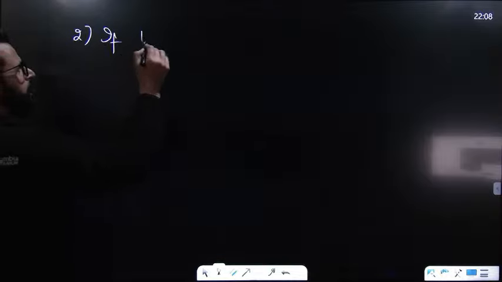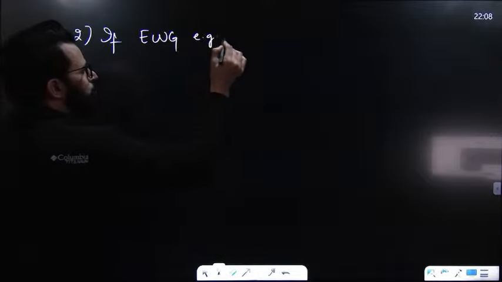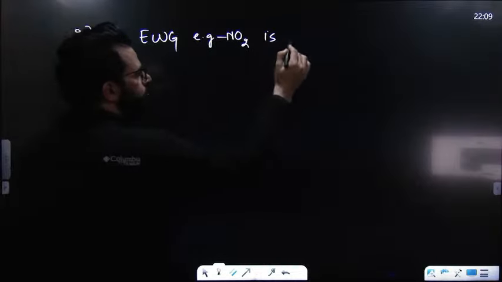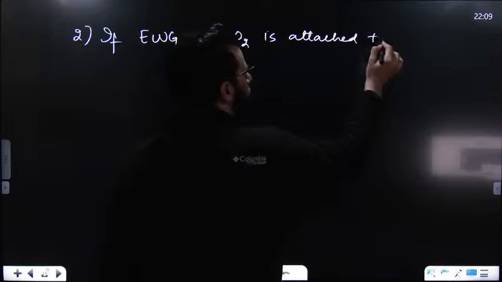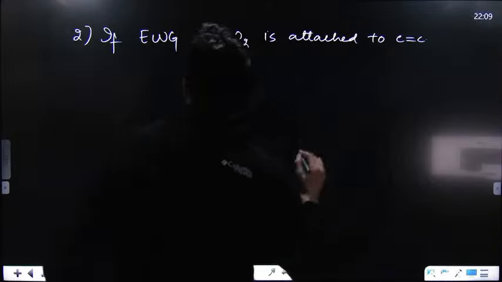After that, second is, if an electron withdrawing group, say for example NO2, is attached to the carbon-carbon double bond. Have a look.